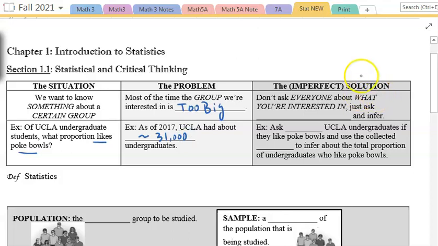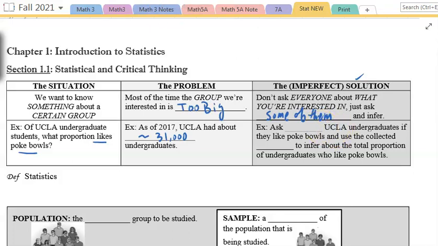So, the solution, the way we get around this problem: don't ask everyone about what you're interested in. Just ask some of them. That's the idea.